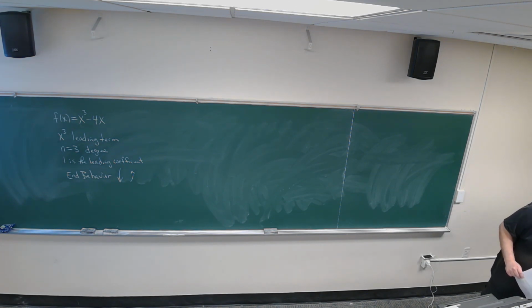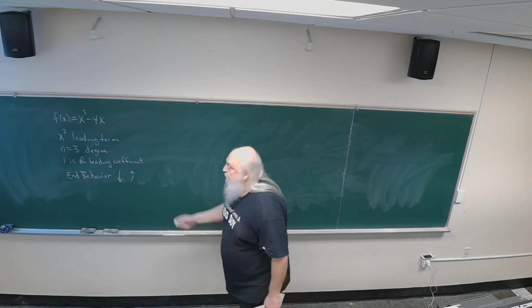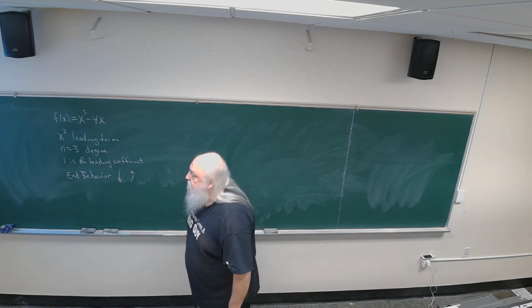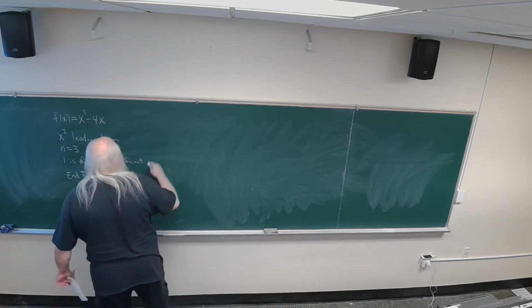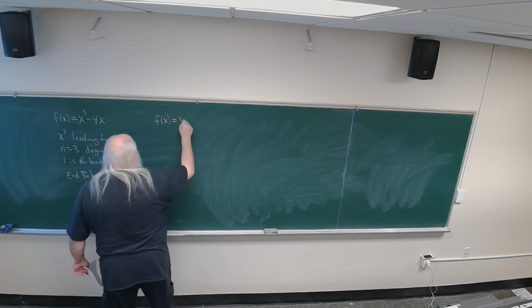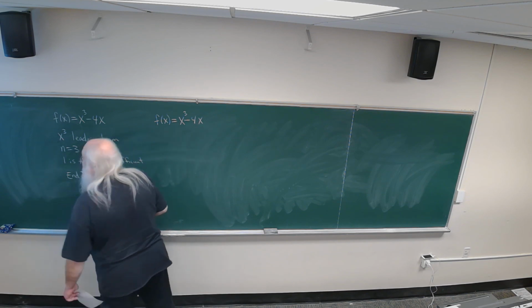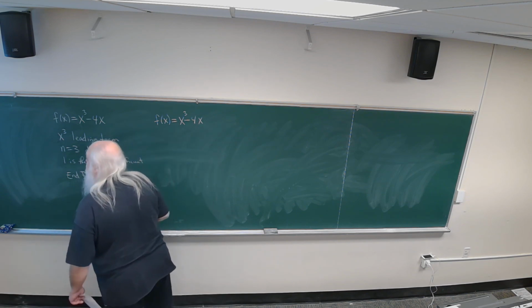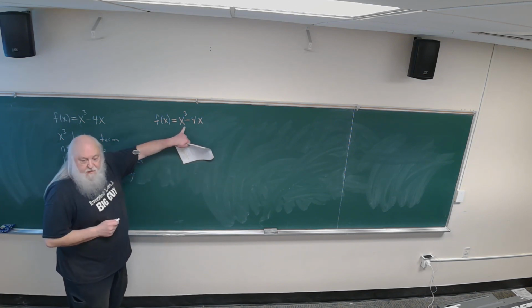So we can use that information in graphing this polynomial function. To find the zeros of this polynomial function, we have to set the right-hand side equal to 0 and solve for x.